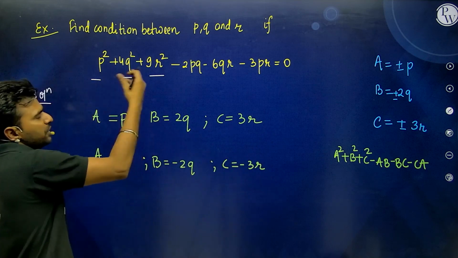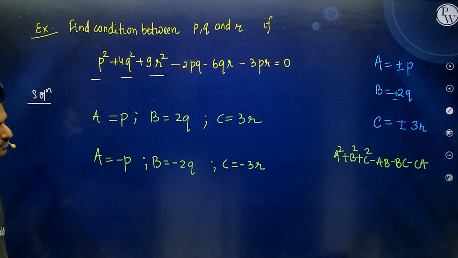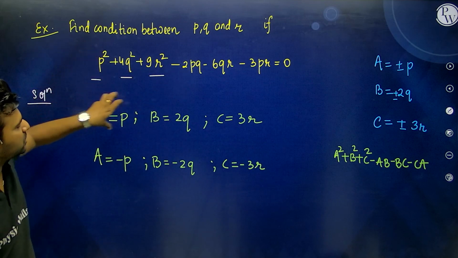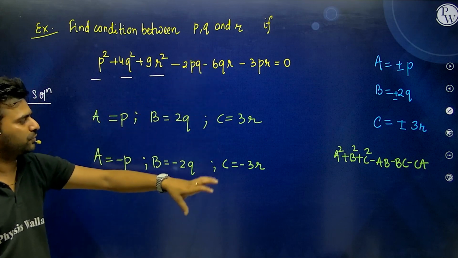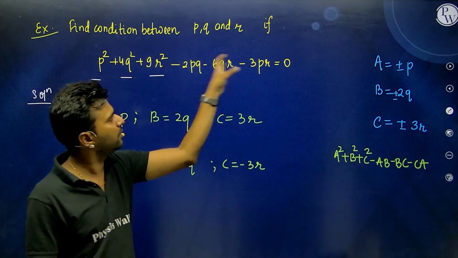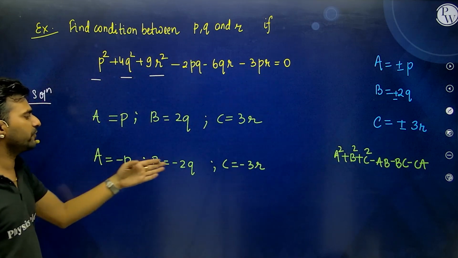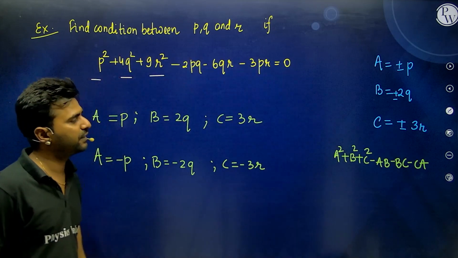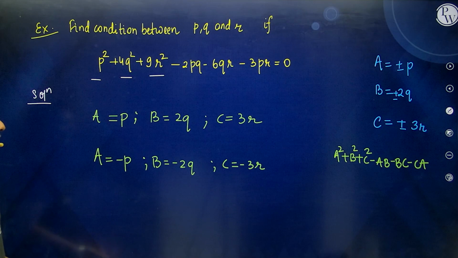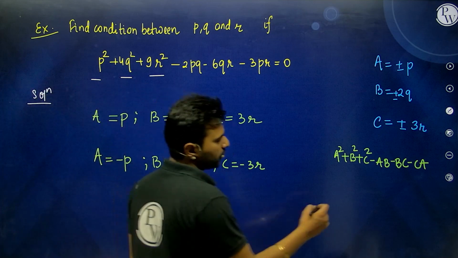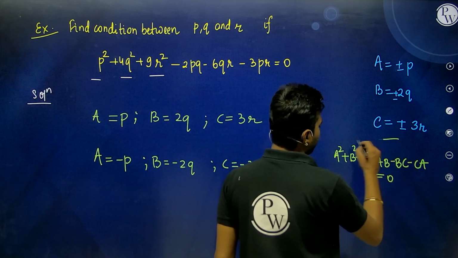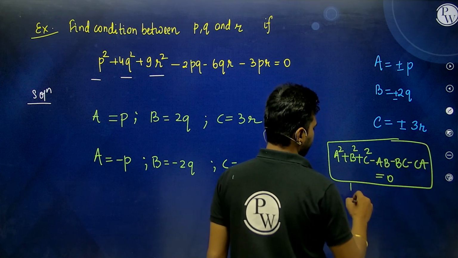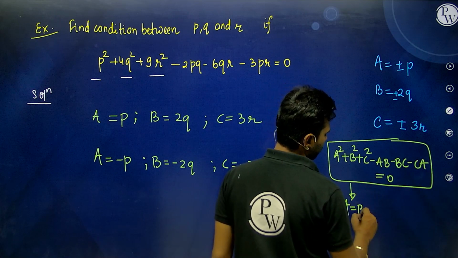Don't you think that both the equations are going to satisfy? With these values, this equation is going to give me this only. And with these values of A, B, and C also, this equation is going to give me this only. Feel it? So if this expression is equal to 0, we can definitely feel that A, B, and C have to be equal.